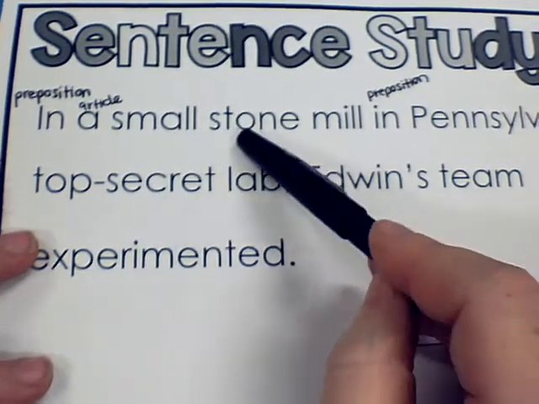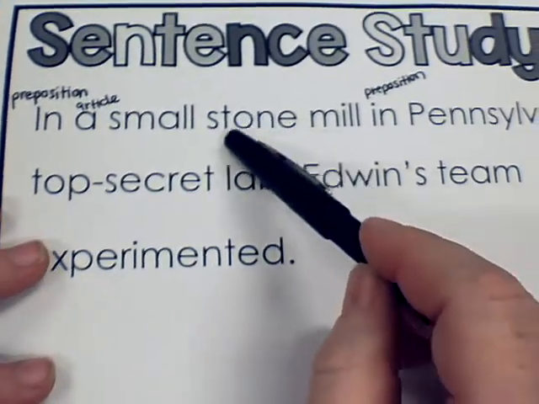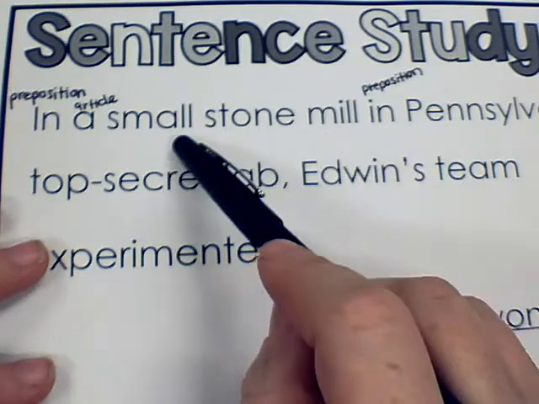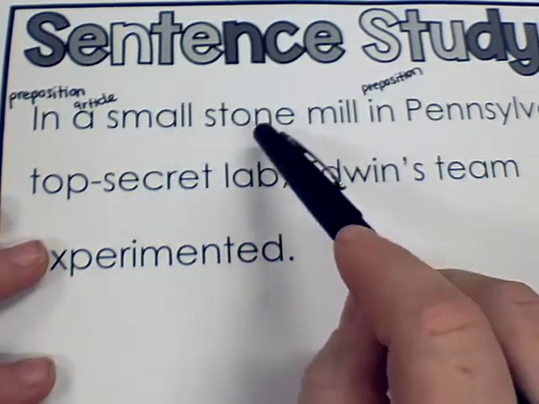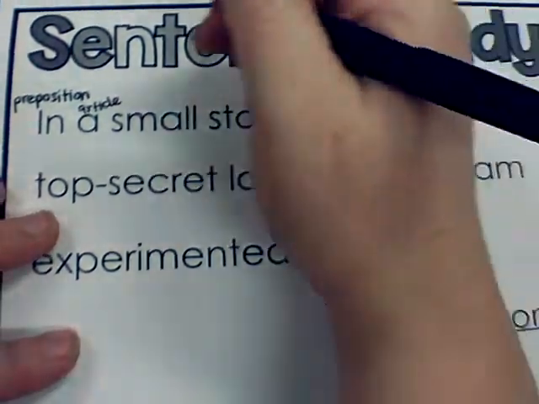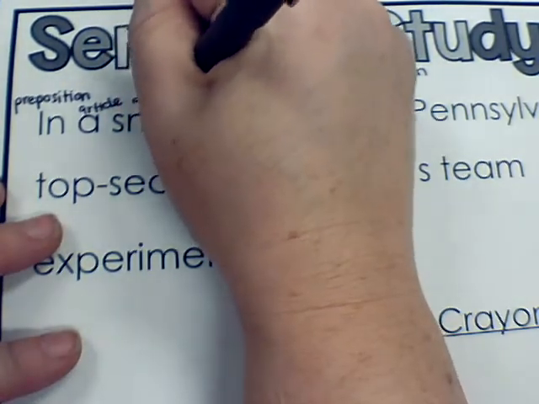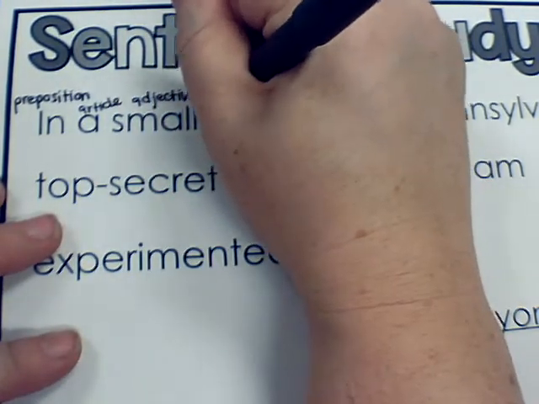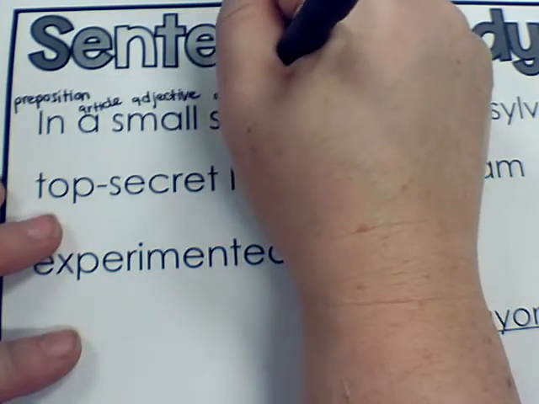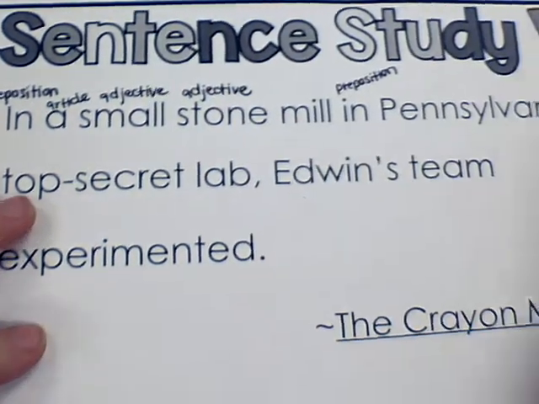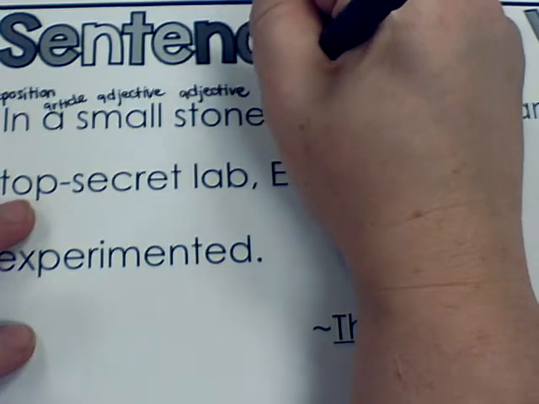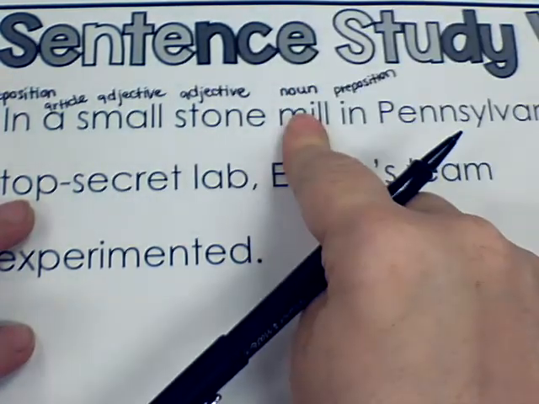Stones can sometimes be nouns, but a stone is used to describe the mill, and so is small. Small and stone are being used to describe mill, so that's two adjectives. And then the mill is the thing. A mill is where they ground up flour usually, so that is a noun.